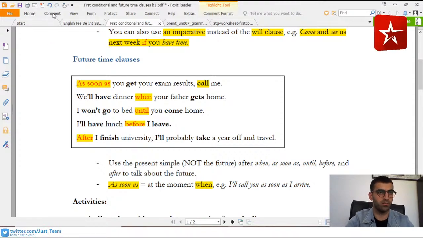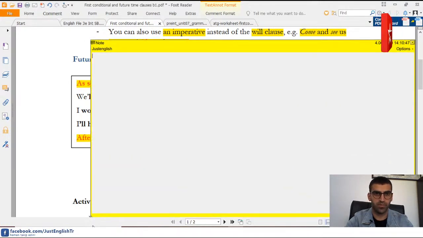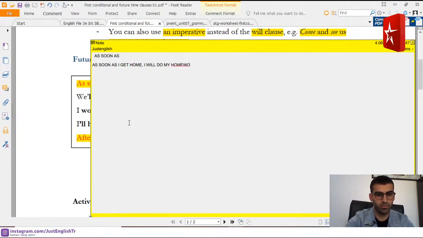Let me write my sentence here in order to show you the exact meaning of as soon as. For example, as soon as I get home, I will do my homework, right?